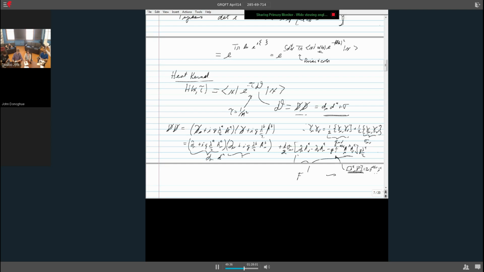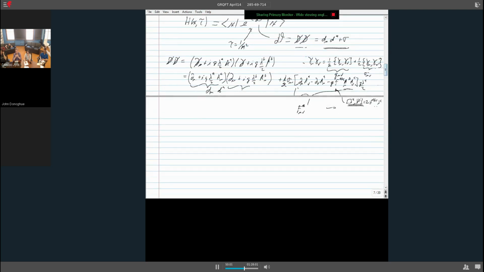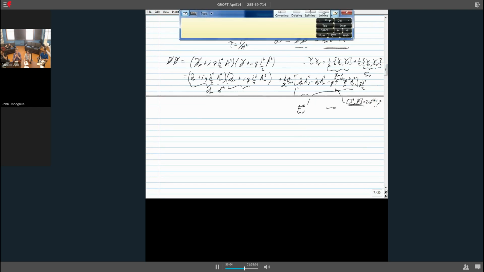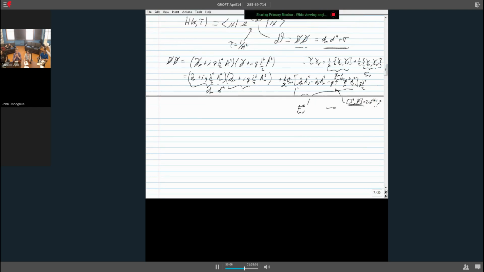This guy here, I'm sorry, F, that's right. This is the field strength tensor F. When I have lambda A, lambda B, that is 2i f a b c lambda C. It's the SU3 structure constants. And I use that.